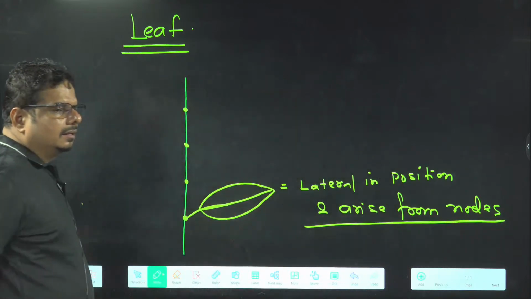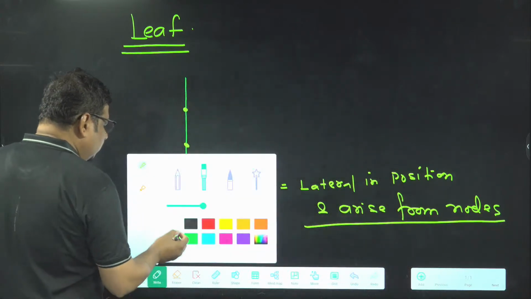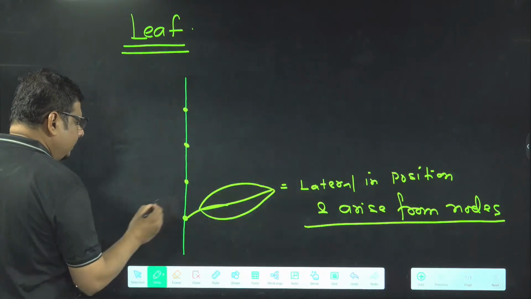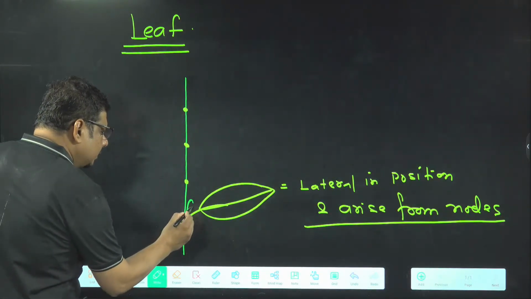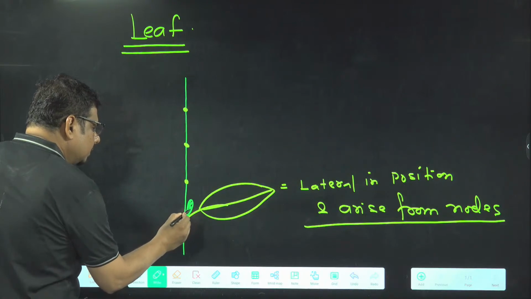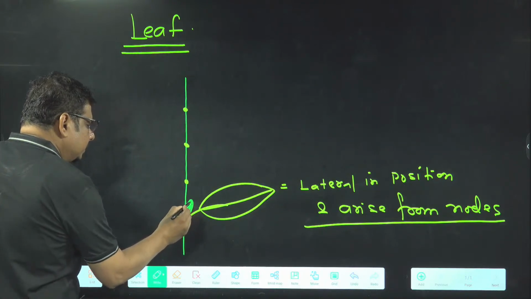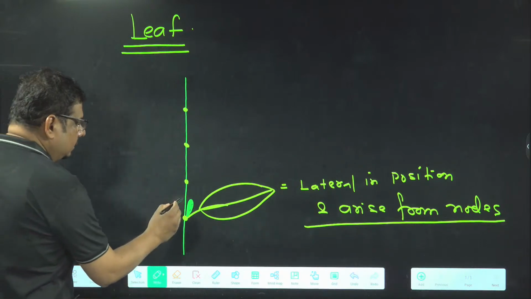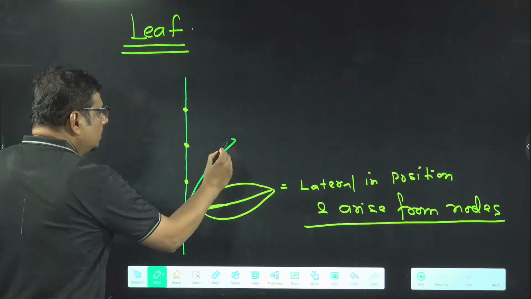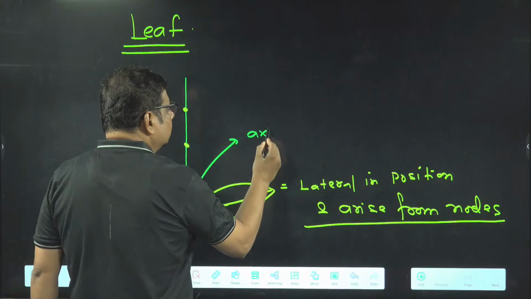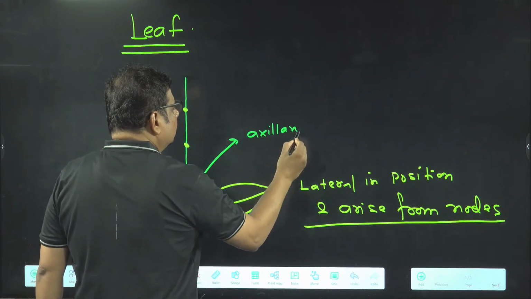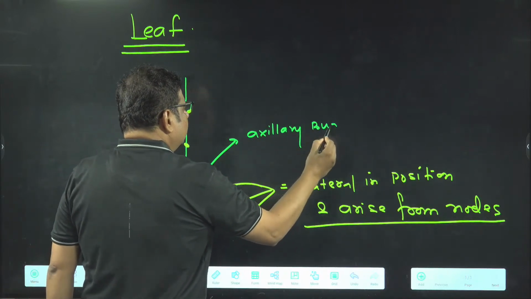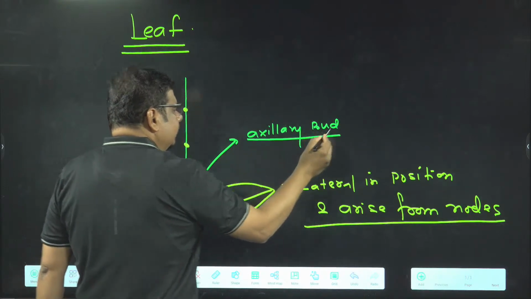If we talk about the leaf, in the axil there is a bud present near the base of the leaf. This particular bud is called axillary bud, we already discussed about it.